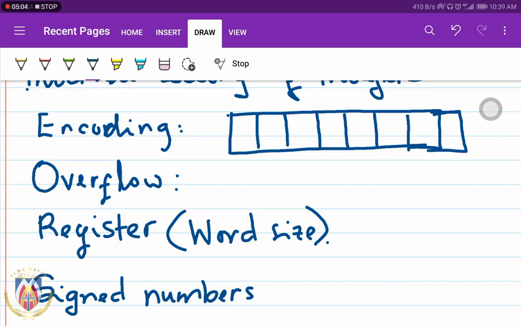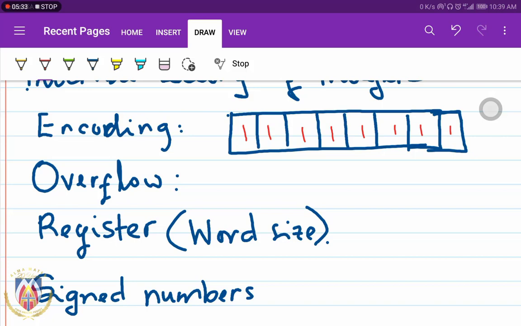Now in this register, consider the maximum binary number that we can store. Remember, a computer can only process binary data. The maximum number that we can store in an 8-bit register is 11111111. In other words, we can put 8 ones as the maximum number. If it was a 4-bit register, we would put a maximum of 4 ones.